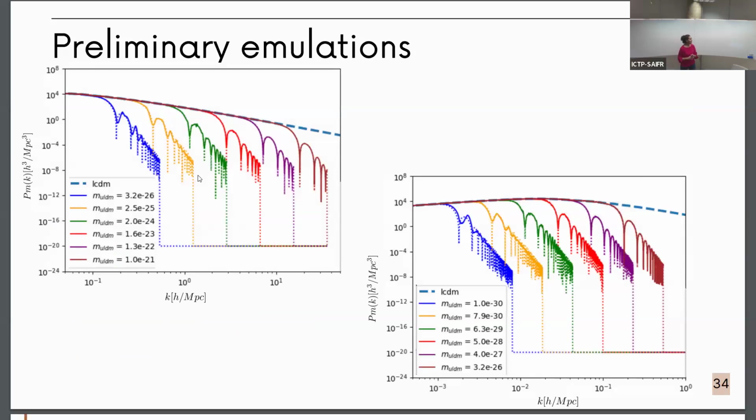And here's my final slide. I'm sorry if I spoke too fast, but here are preliminary results, things that I have emulated before. And here we can see some nice features. For example, here the curve is very well emulated, but when you move to smaller masses, here it already starts to miss some features. And here the same thing.